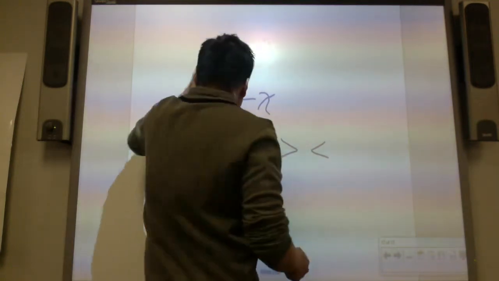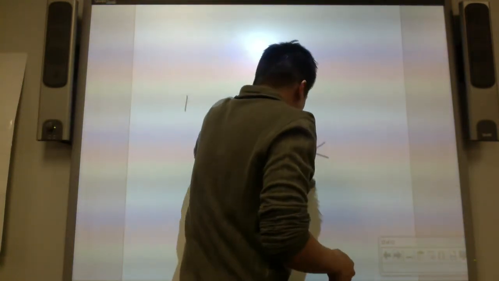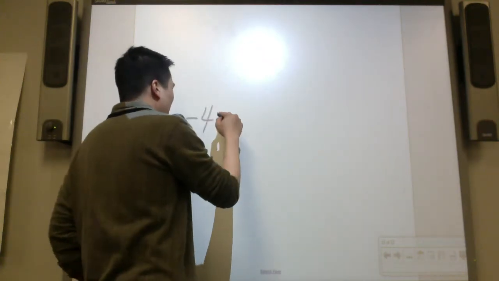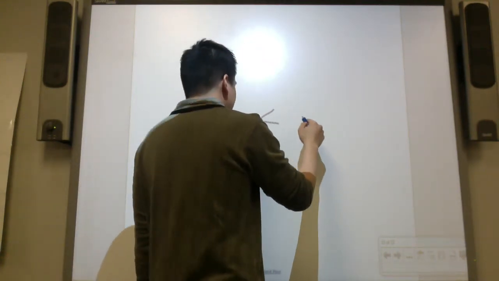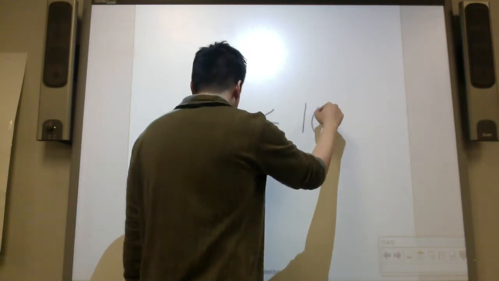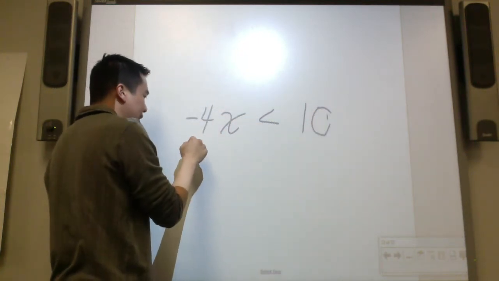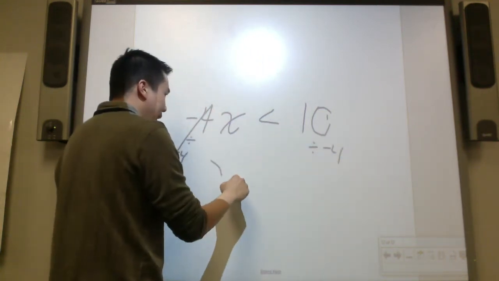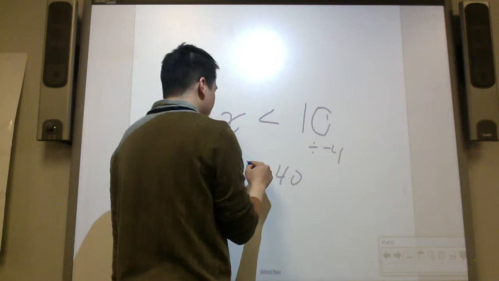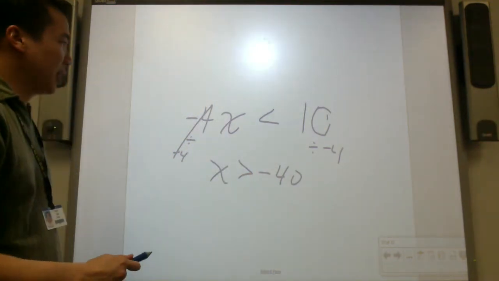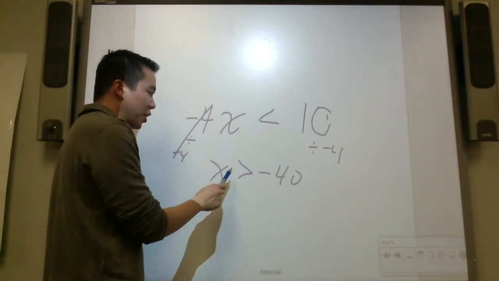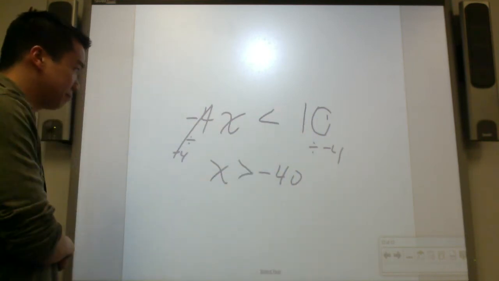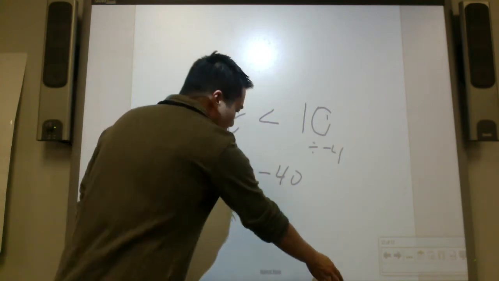For example, if you had negative 4x is less than 10, and you want to divide this by negative 4, you'll get x, and this will be negative 40. You flip-flop the sign, where every number that is greater than negative 4, if you plug this back in, will be less than 10. And so on. All right.